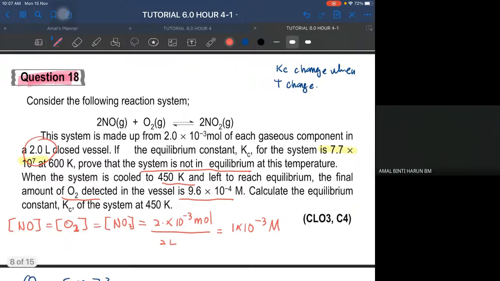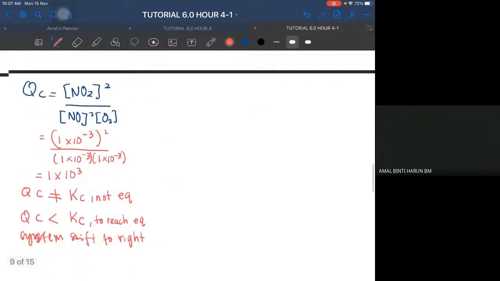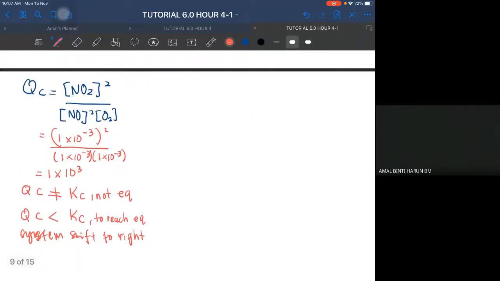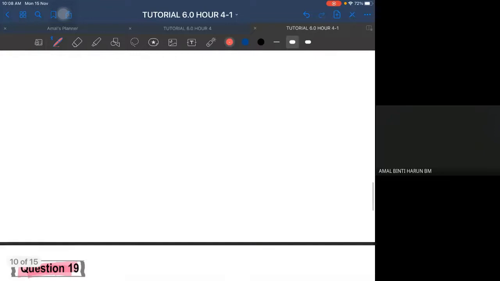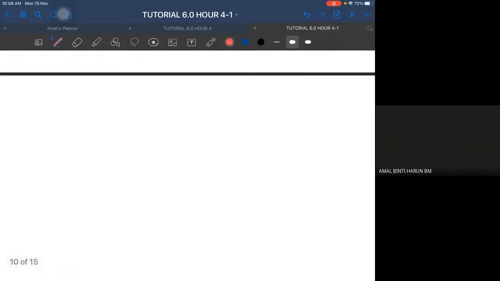Cari Kc yang baru. Untuk mencari Kc yang baru, kita perlulah tulis Kc yang baru. Kc sama dengan, ini Kc baru lah, sebab temperature yang baru.